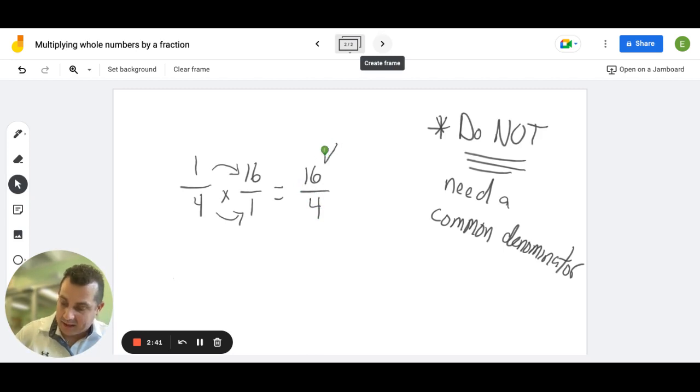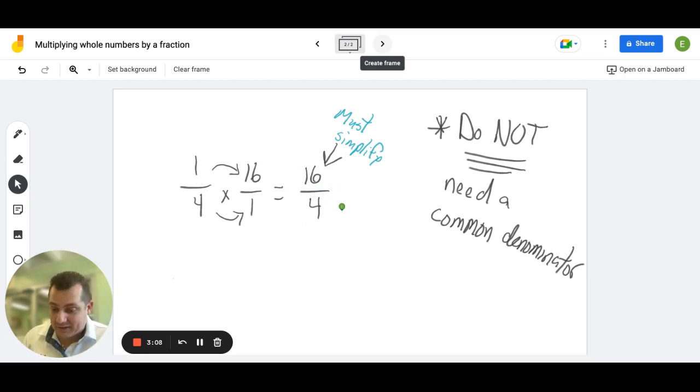So once we get here, you must simplify. This is where the division comes in, because you have to know 16/4 equals what? Well, I'm going to say 4 goes into 16 how many times? Or 16 divided by 4 is.